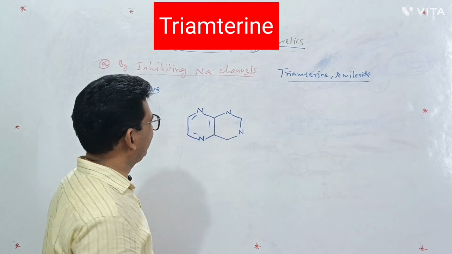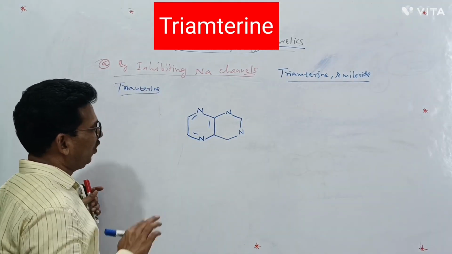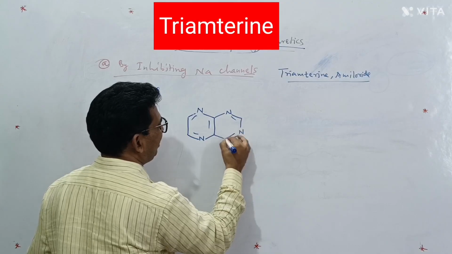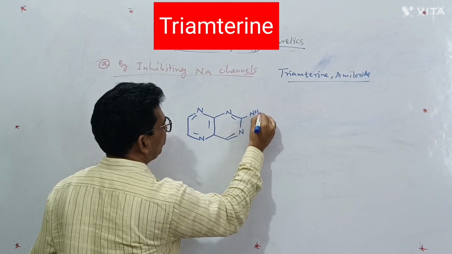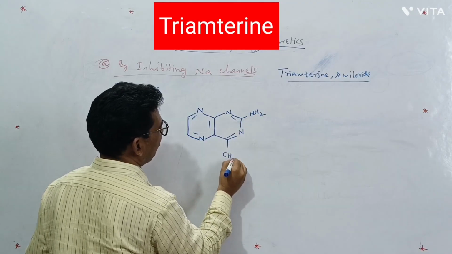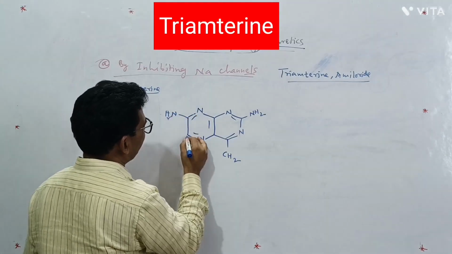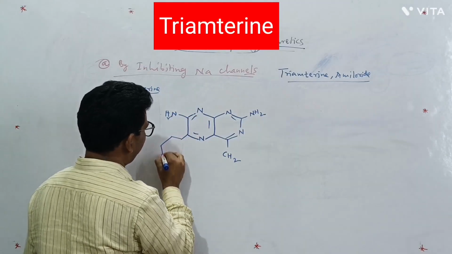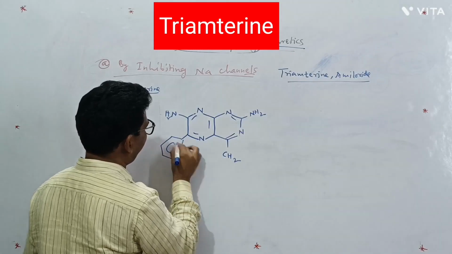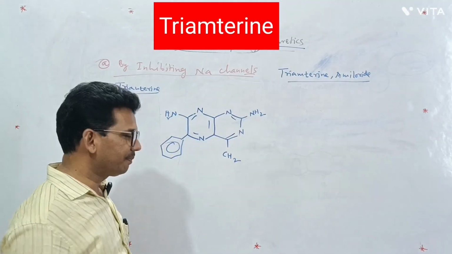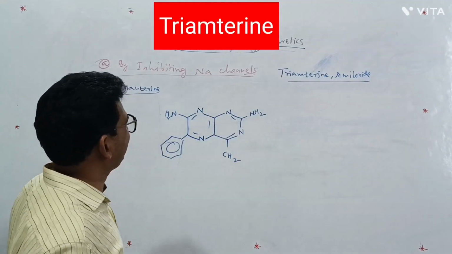It's like a pyridine. Total how many? 4 nitrogens are there. Then the remaining all what? Here also an amine group. Here also an amine group. Here also an amine group. That's why I told the structure looks like a pteridine. This pteridine basic ring is present in the folic acid.